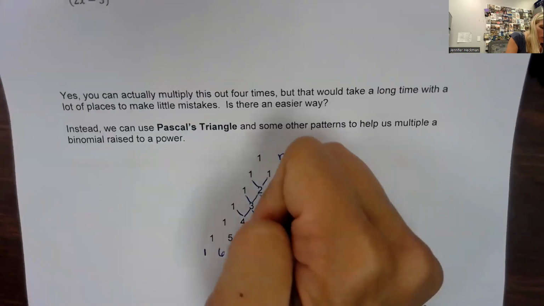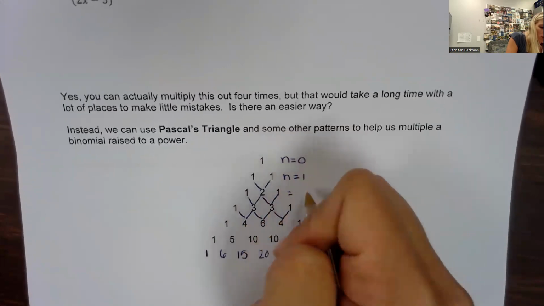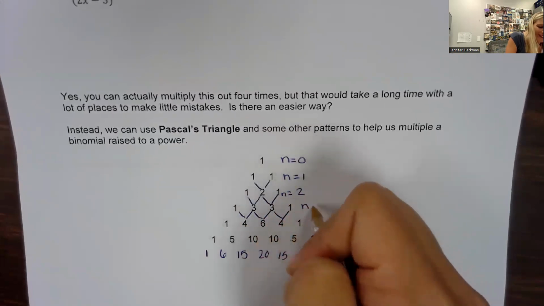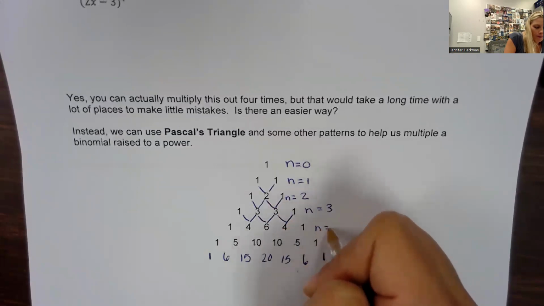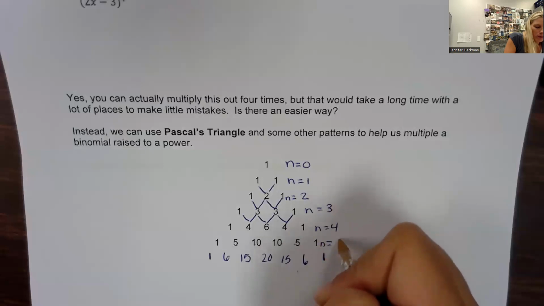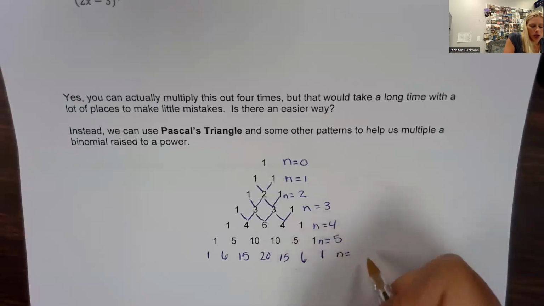The second row here is where n equals 1, 2, 3, n is 4, n is 5, and we just made the 6th row. And we could just keep going and going if we want to.